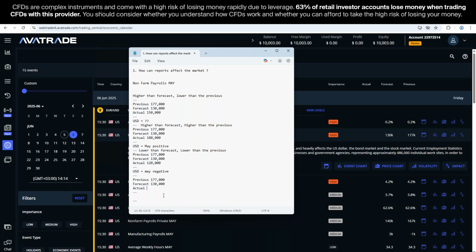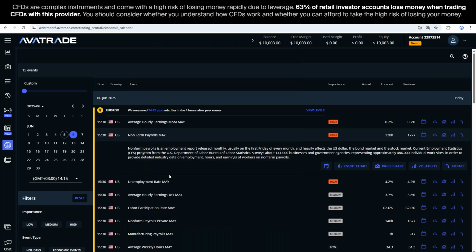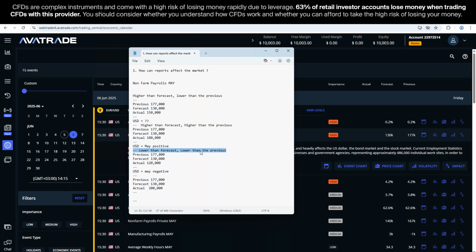And lastly, let's put something a bit more realistic. Actually, let's exaggerate and do it like this. In this case, when it's significantly higher than the forecast and the previous, what do you guys think? The dollar may positive, may negative?